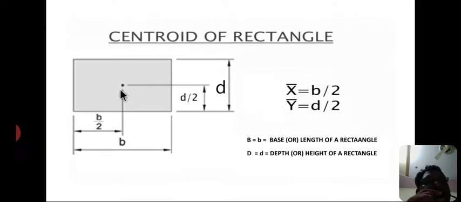It lies where the diagonals meet together. So CZ is the centroid or center of gravity of a rectangle.